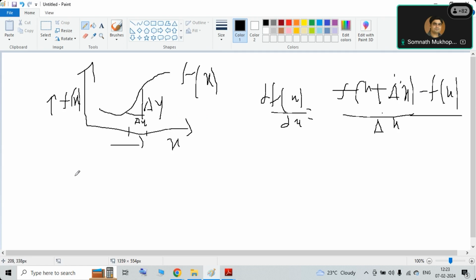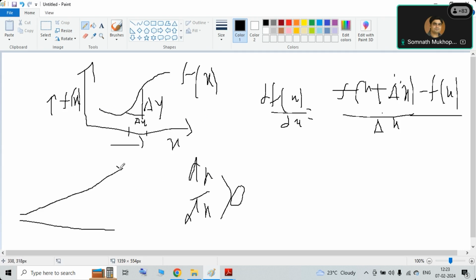If I want to find the optimal solution, it will be a local optimum, of course. In this case, if my df/dx is greater than 0, that means the slope is from left to right.